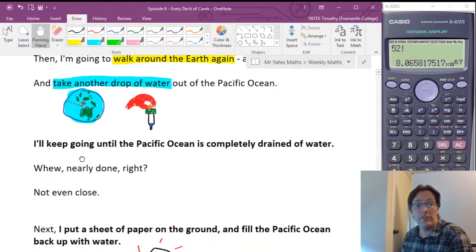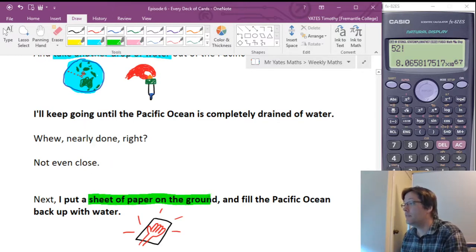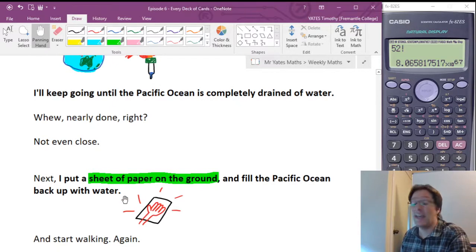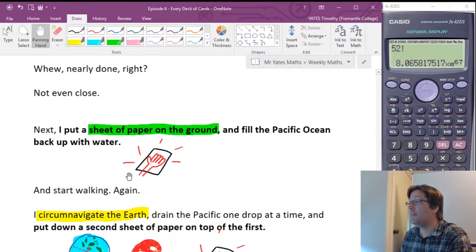So what I'm going to do is slap a sheet of paper on the ground, and I'm going to fill the Pacific Ocean back up with water. And I'm going to start walking again. So I circumnavigate the Earth. Each time I circumnavigate the Earth, I'm going to take a drop of water out of the Pacific.